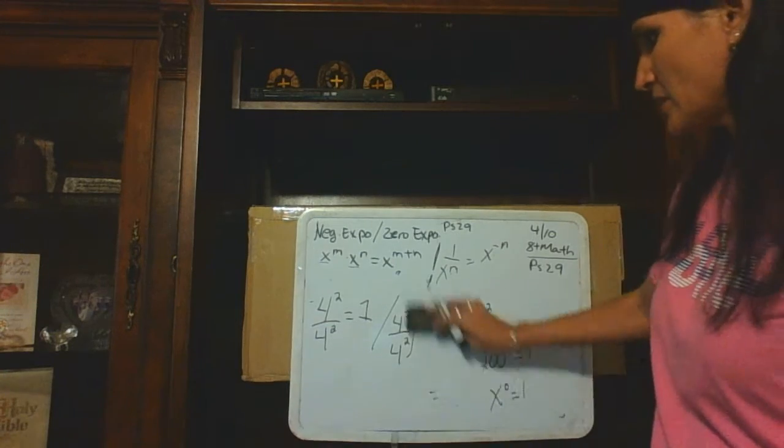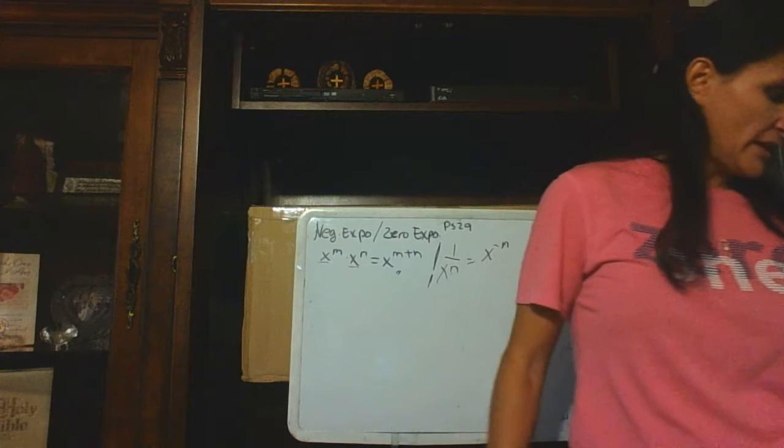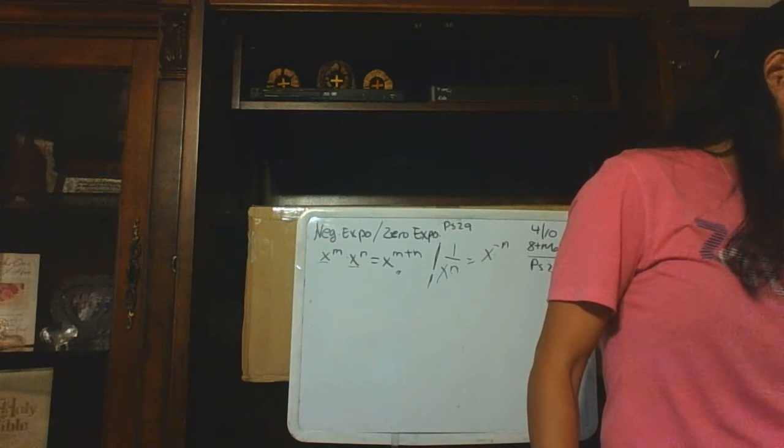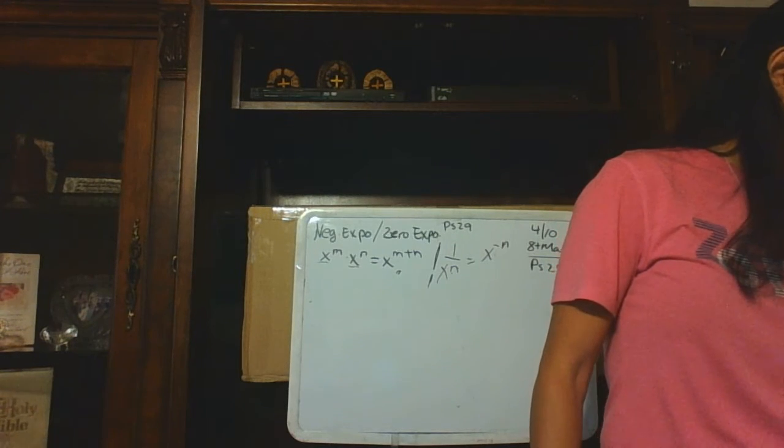Okay, so moving on to the distributive property using these rules. We're going to take a look at number 29.7.